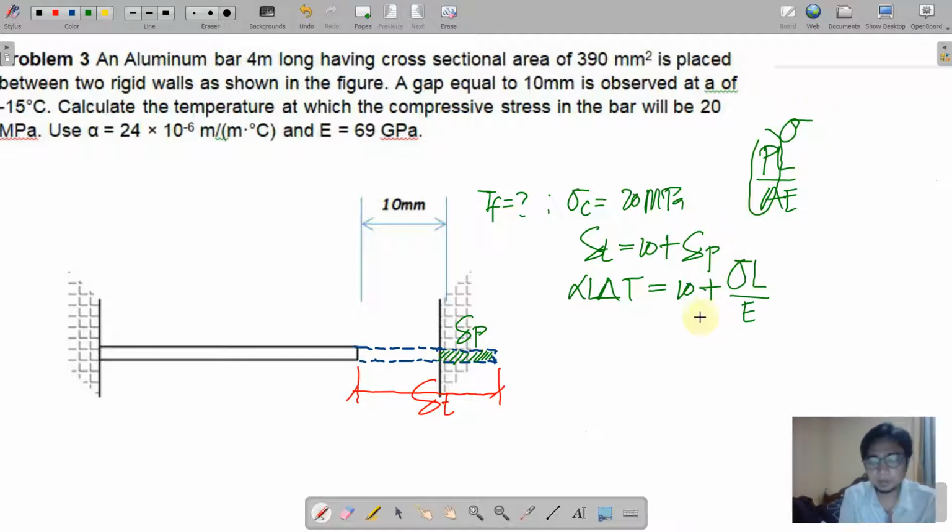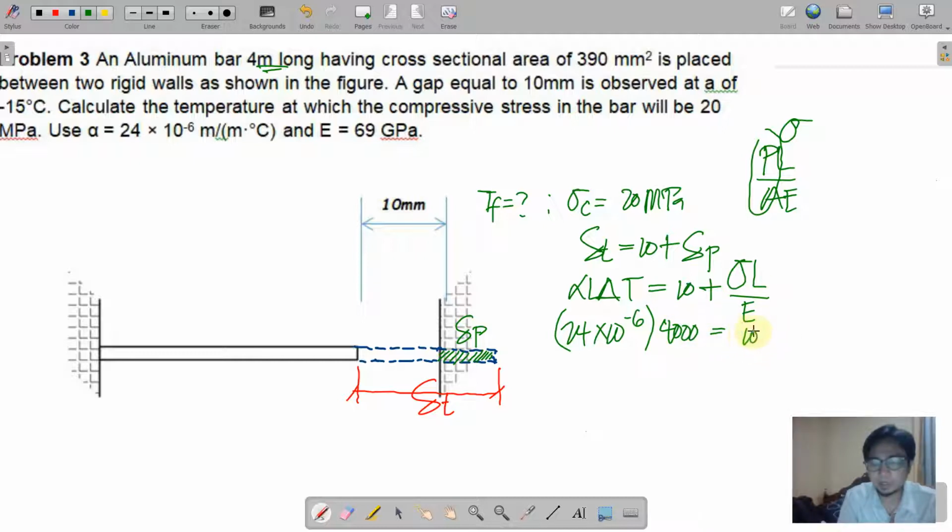With this, we'll just substitute the given here. The alpha for aluminum bar is 24 times 10 raised to negative 6. The original length is 4 meters, or 4,000 in terms of millimeters.